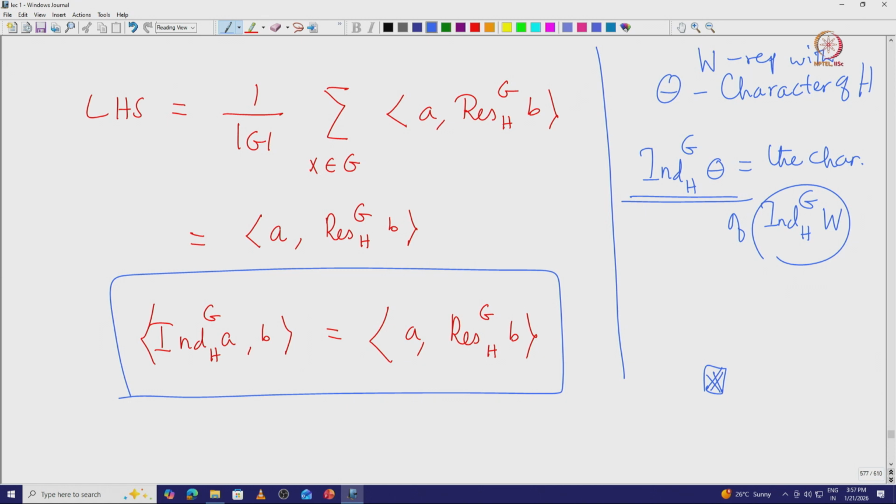Okay. Because of this close relationship between the induction of functions and the induction of representations, this equation can be reinterpreted in terms of representations, and that is what we stated in the beginning.